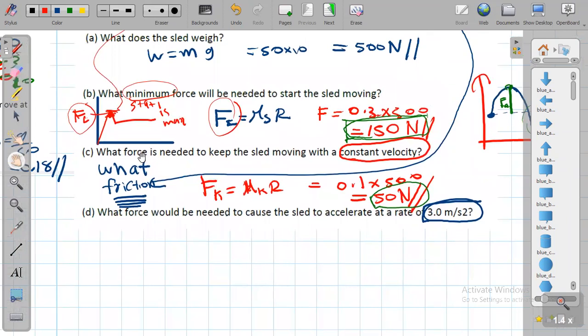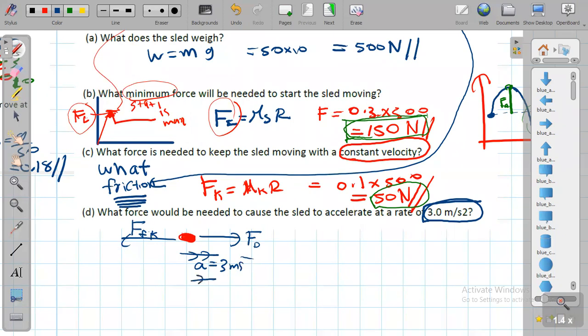It's dynamic friction. Remember, dynamic friction we know. If you draw the free body diagram, there is a driving force, and the frictional force of kinetic friction, and there is an acceleration of 3 m/s².